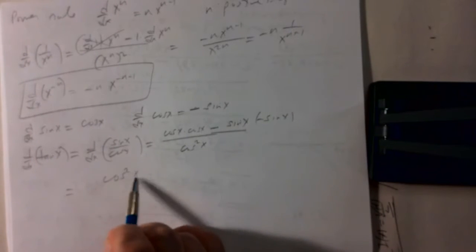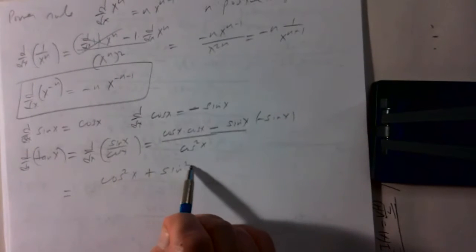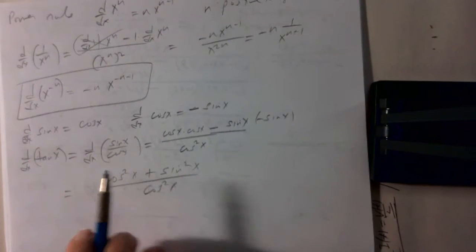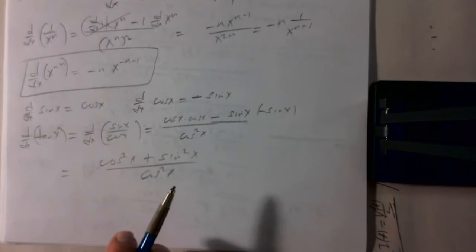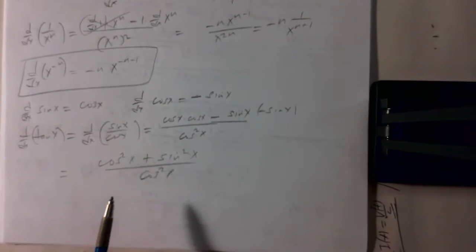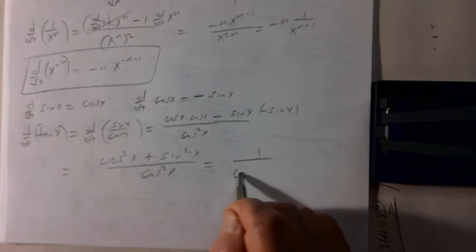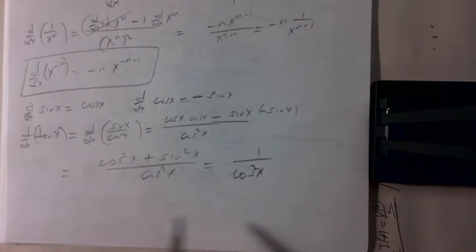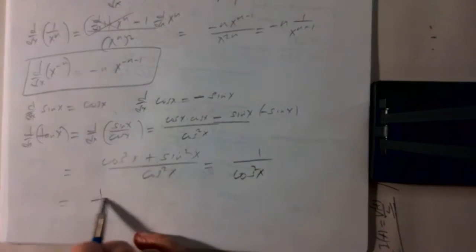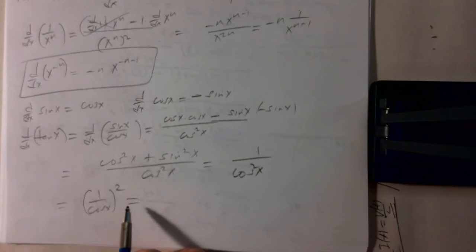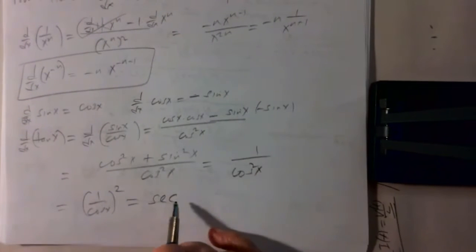So we get cosine squared x plus sine squared x over cosine squared x. But we have to always remember the fundamental trig identity. Cosine squared plus sine squared equals 1. So this is 1 over cosine squared x, or 1 over the cosine squared. What is 1 over the cosine? It's the secant.